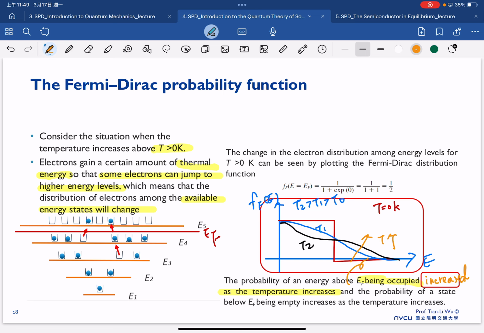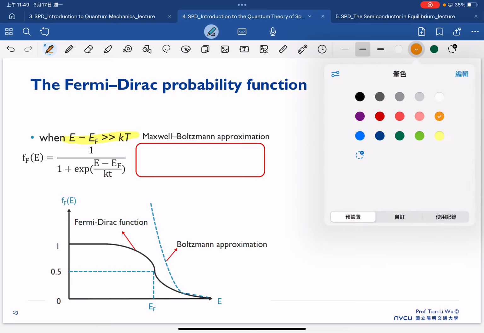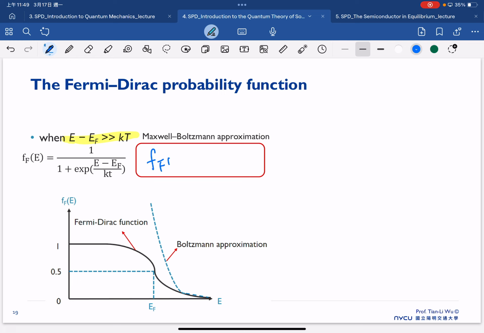Okay, so finally, we can do some simplification, if we consider the case when E minus EF is much larger than KT. There's an approximation that we call the Maxwell-Boltzmann approximation, and in this case, this equation can be transformed as this one. Exponential.